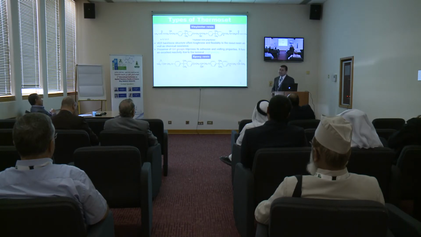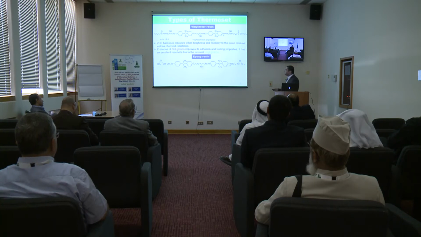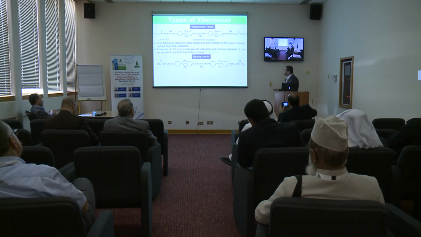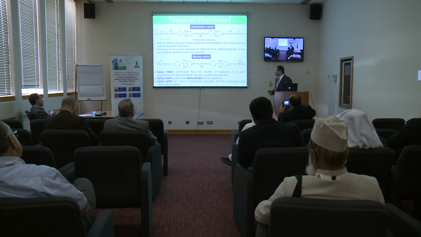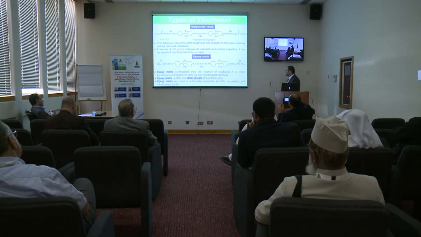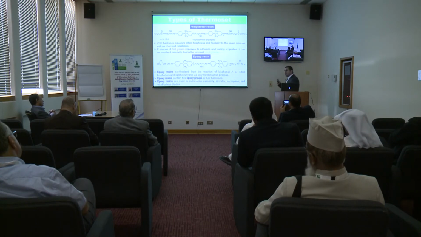The other one is the epoxy resin. It is also from diglycidyl ether of bisphenol A, and it contains the epoxy group at the end. It is synthesized from the reaction of bisphenol A with epichlorohydrin by polycondensation. The epoxy resins contain epoxy group in the backbone and are used in automobile assembly, aircraft, aerospace, and wind turbine blades.